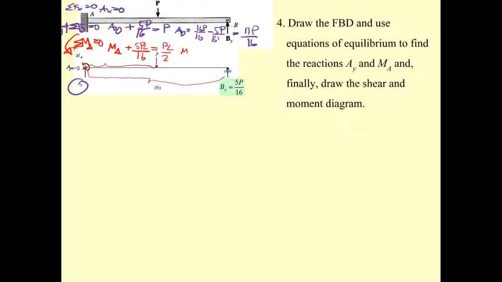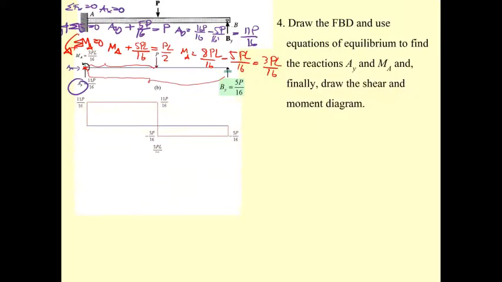Okay, so M_A equal to this one is going to be 8PL over 16, and minus 5PL over 16. So this is going to be 3PL over 16. That is going to be M_A, as you see, and it also has the A_y.